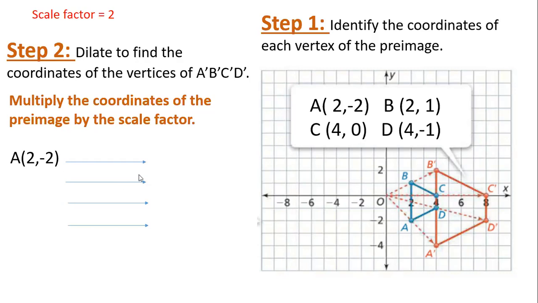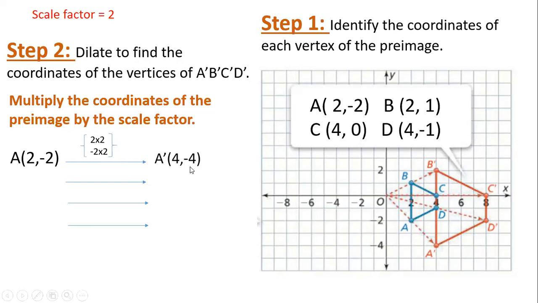Yes. 2 by 2 is going to be what? 4. And the other one? -4. Very good, Mariam. So I multiply 2 times 2 and -2 times 2.